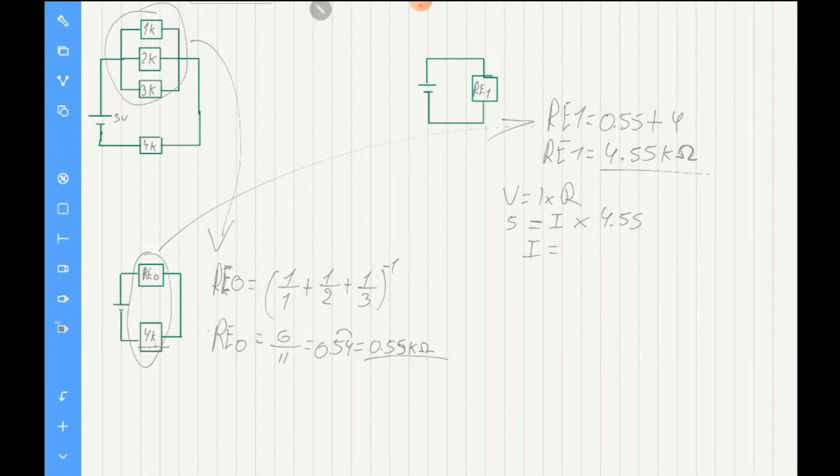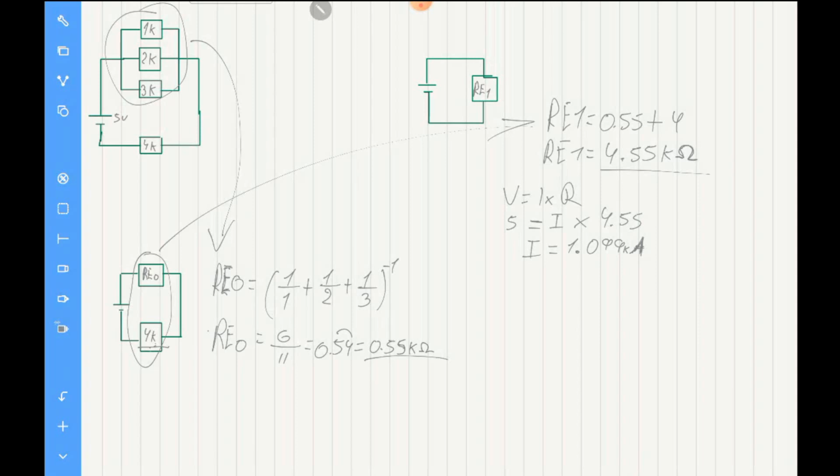So the main current is equal to 1.099 amps. Okay, we're working with kilos.